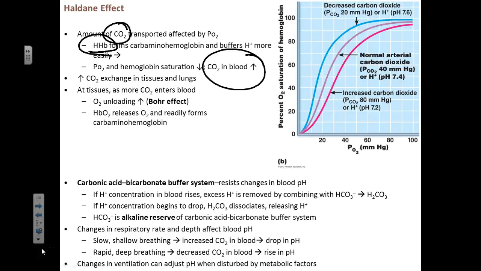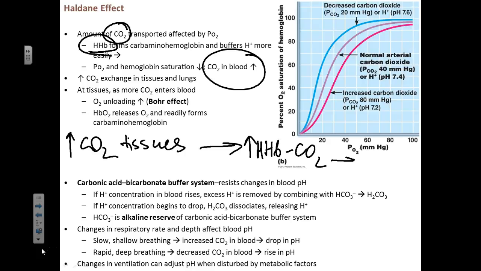Okay, so essentially higher CO2 concentration in the tissues leads to higher carbaminohemoglobin, increases CO2 transport. Does that make sense?